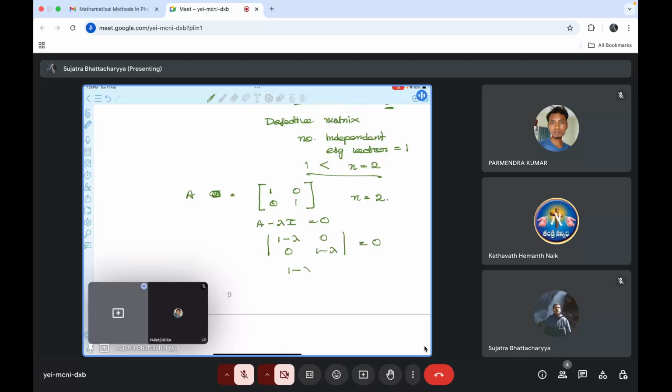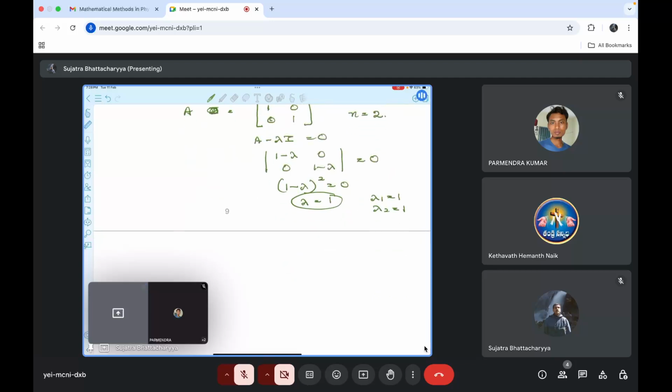So you will get (1 minus lambda) squared is equal to 0, which gives lambda equal to 1. So lambda 1 is equal to 1, lambda 2 is also equal to 1. You cannot comment here that it is a defective matrix.